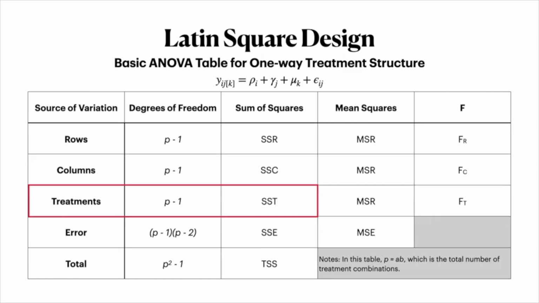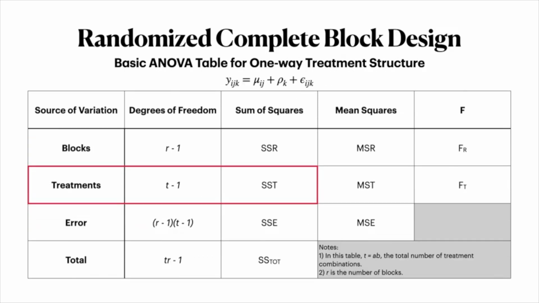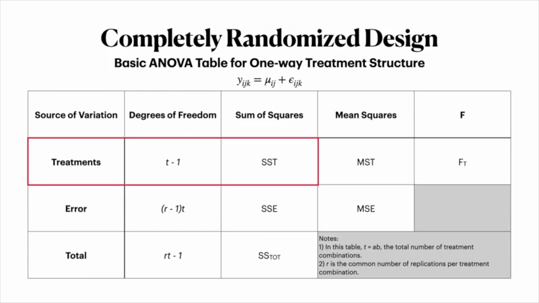So in each of these cases, again, let's start here with the completely randomized design. We see that the structure of the ANOVA table corresponds to the structure of the model. When we represent the model using the means model representation, we have that single row for treatments in the ANOVA table.